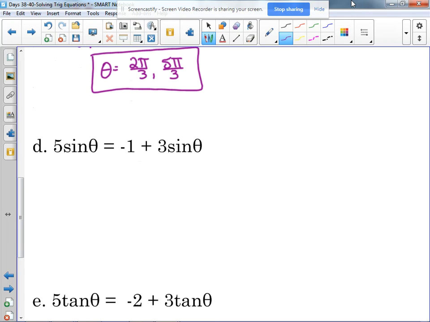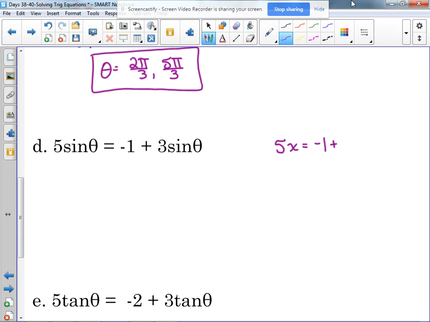All right, couple more. So again, 5 sine of theta is equal to -1 plus 3 sine of theta. Now we have trig functions on both sides of the equation. It's just like related to variables, y'all.